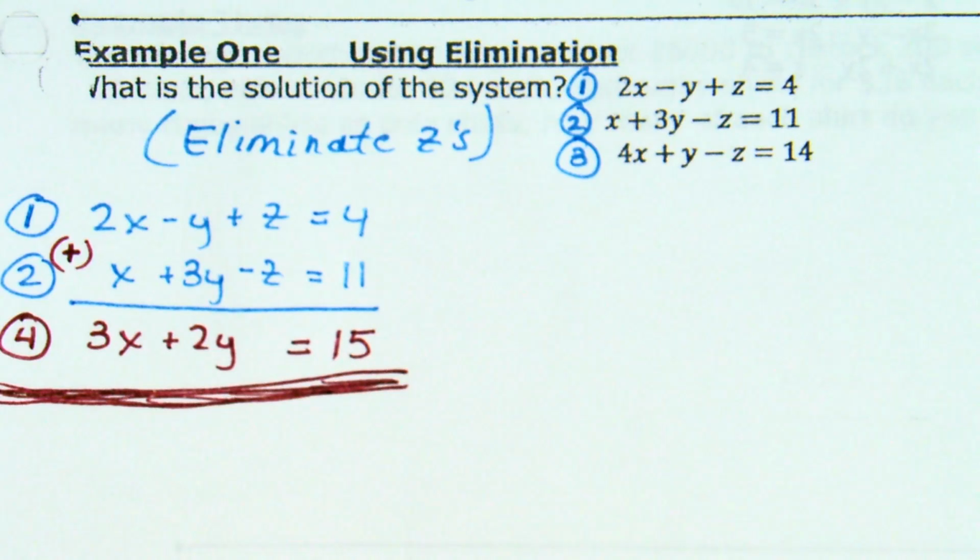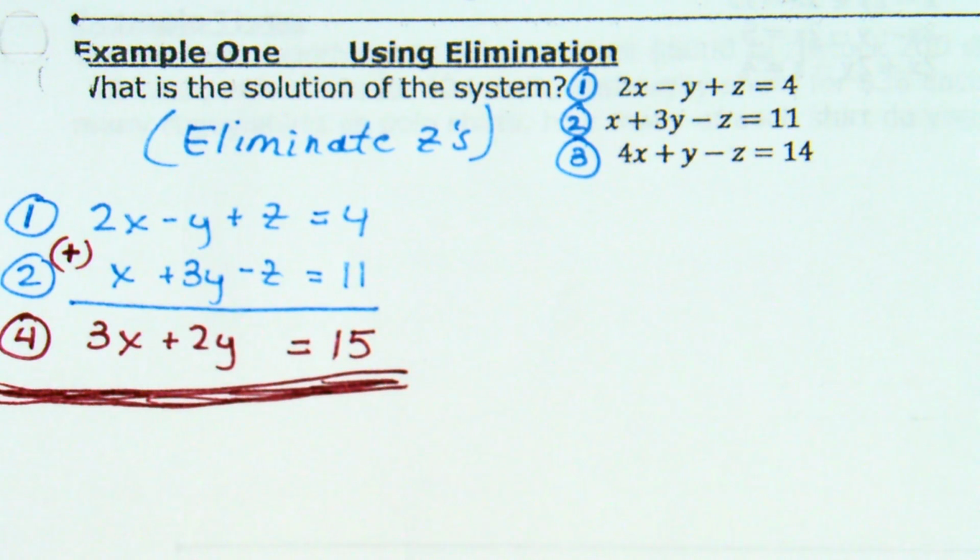Now we're going to repeat that process, but with 2 different equations. The first time we used 1 and 2, and we eliminated z's. Now I want to pick a different combination from 1, 2, and 3 and eliminate z's again. So we could do 1 and 3 or 2 and 3 are pretty much your options. Which would be the easiest? Why are 1 and 3 the easiest?